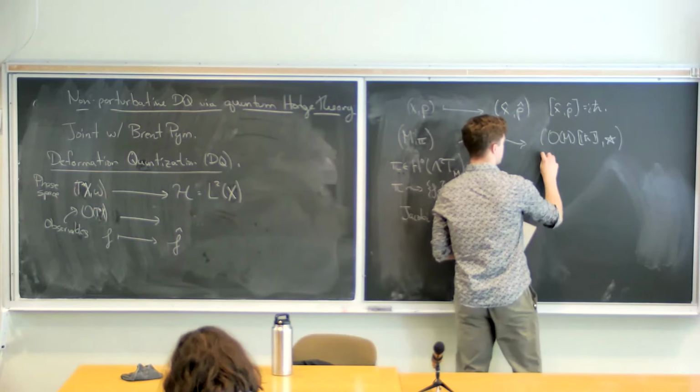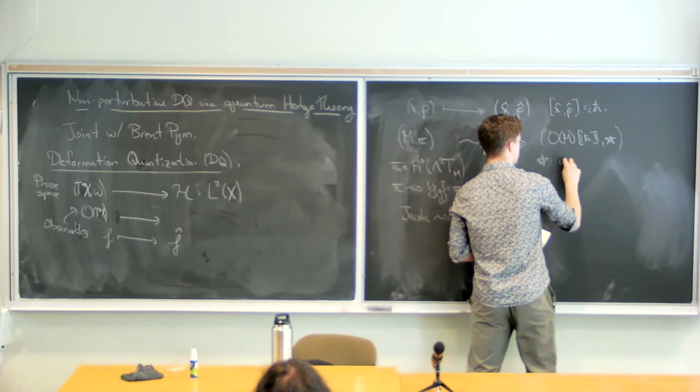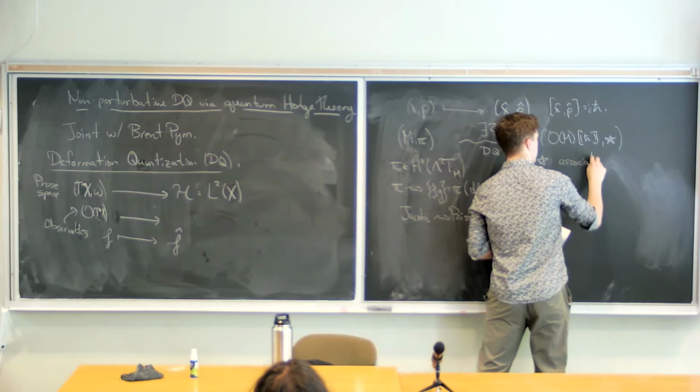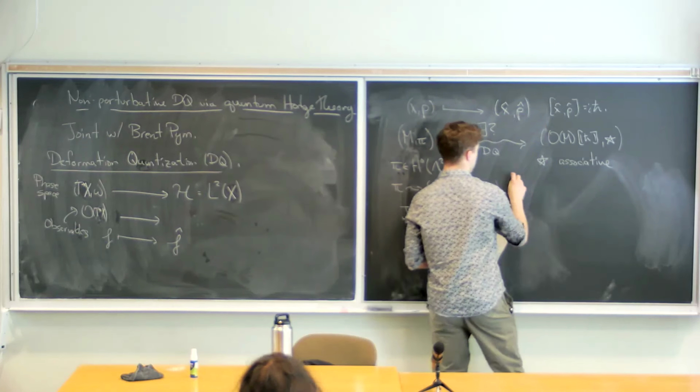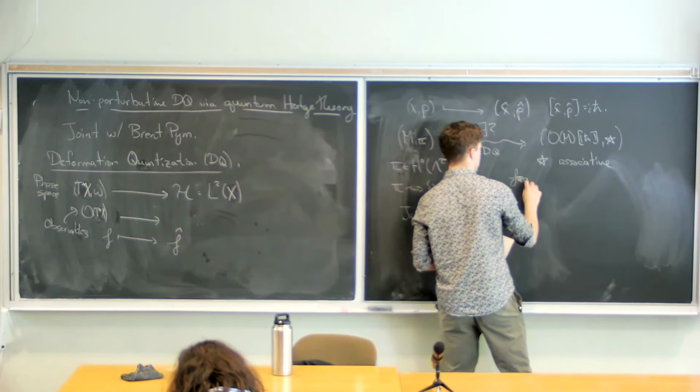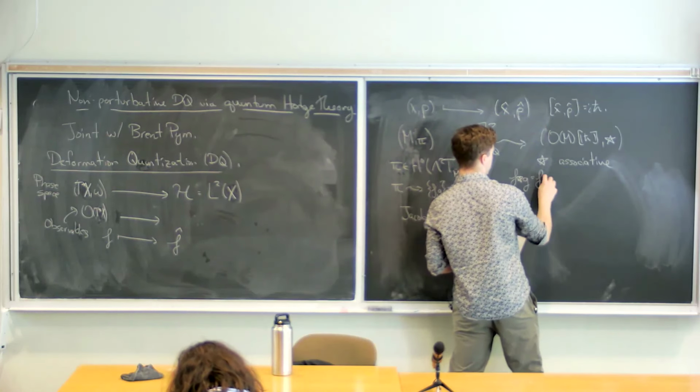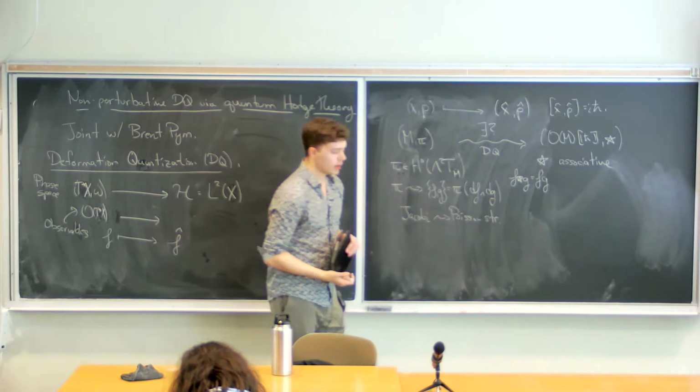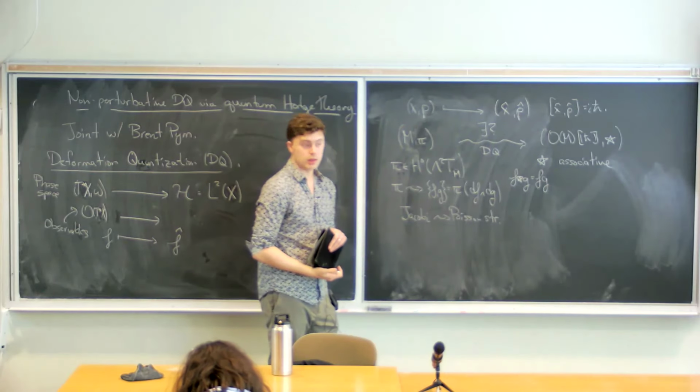And I want this to be an associative product. I want it to look like, if I take just two ordinary functions, then to leading order in h bar, it should just be the usual product.